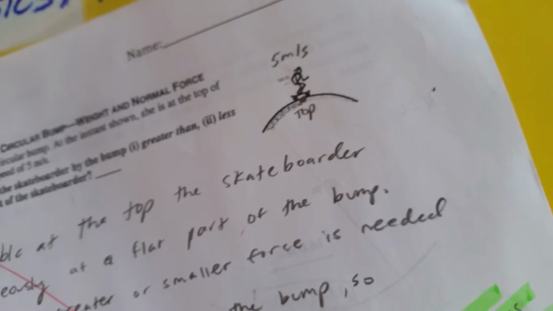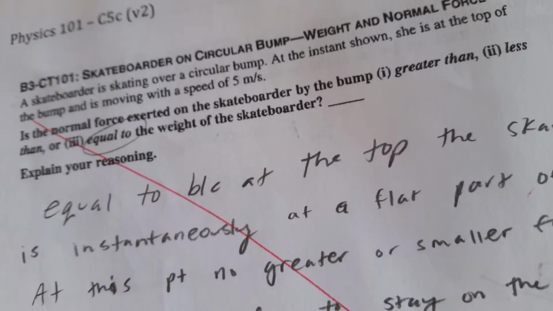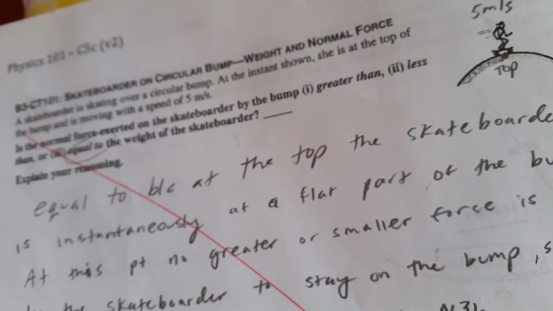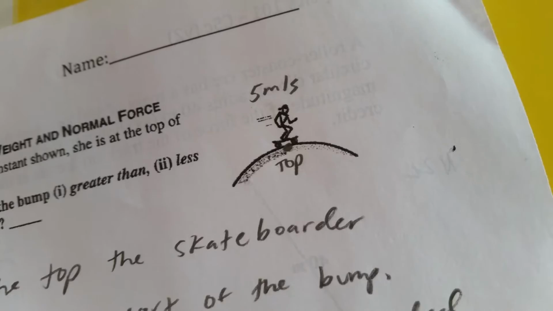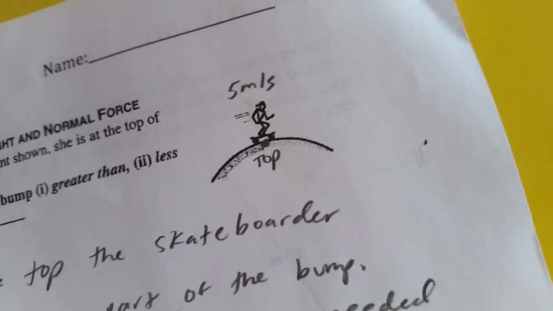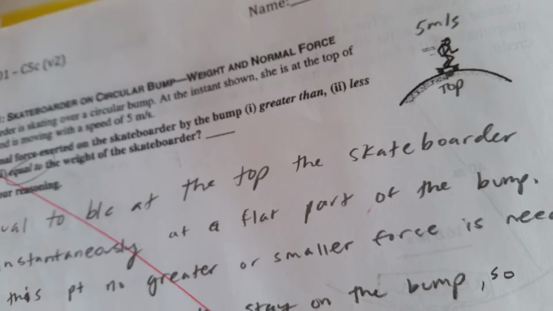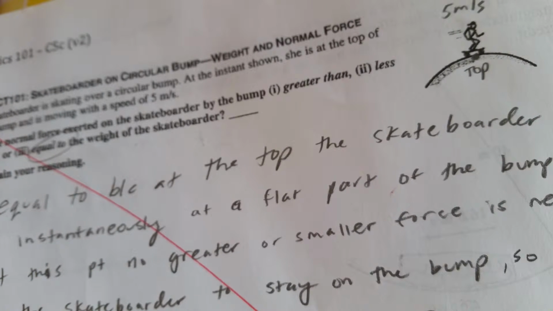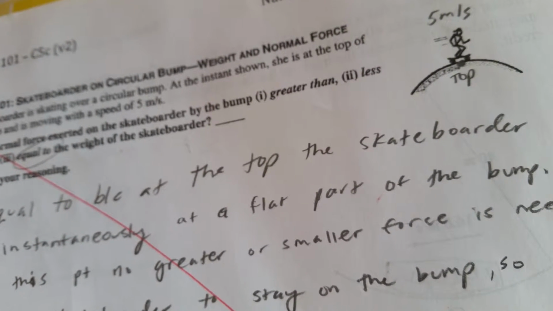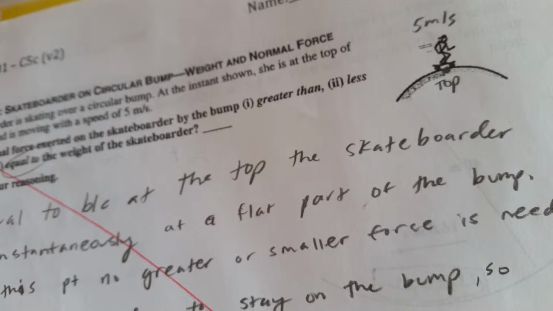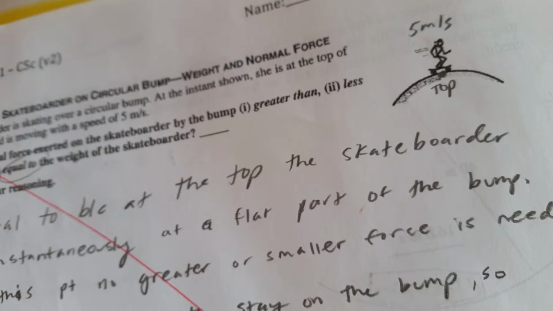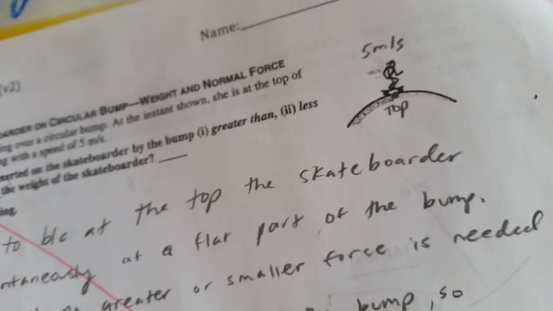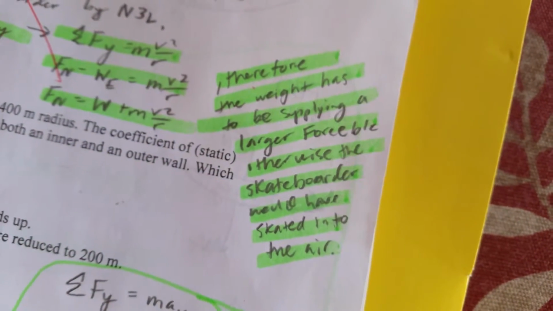So then it asks to relate it to the weight of the skateboarder. It's almost better just to explain that the force exerted on the skateboarder by the bump has to be less than the weight of the skateboarder, because if the weight of the skateboarder was less, that's another way to say that the skateboarder is going in the air, which is what I kind of wrote right here.